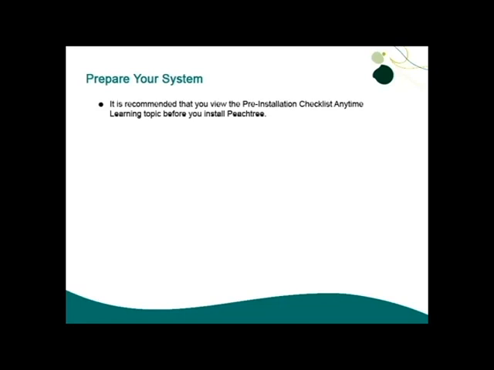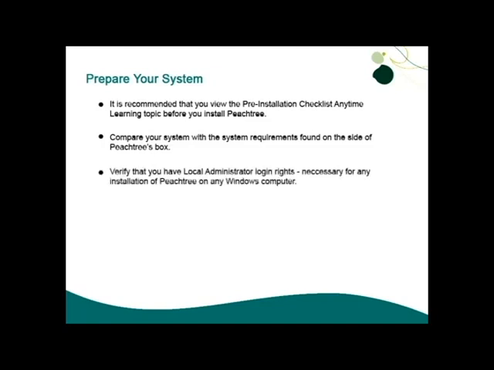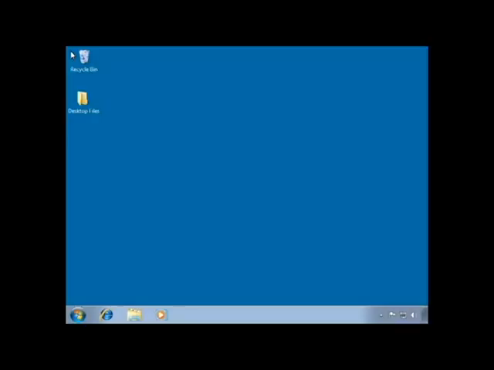The pre-installation topic walks you through preparing your system for a Peachtree installation, including verifying system requirements found on the side of Peachtree's box, verifying that you have local administrator login rights, which is necessary for any installation of Peachtree, configuring antivirus and firewall software so that they do not interfere with Peachtree's installation and functionality, and more.